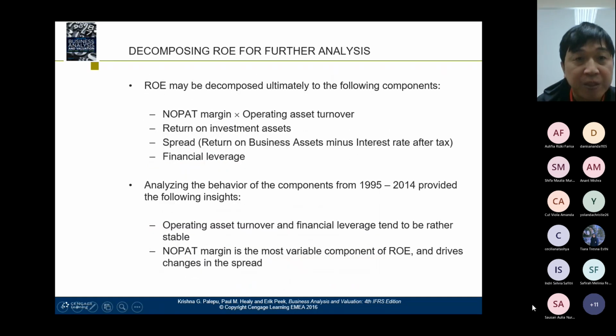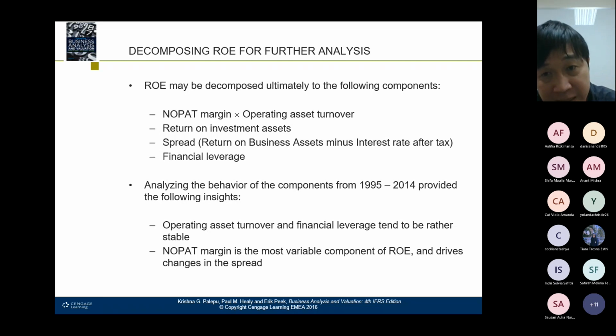Okay, so how can it be decomposed into the following components? As we mentioned before, an operating margin times the operating asset turnover, or return on investment assets, or spread, return on the business asset minus interest after tax, or financial leverage.